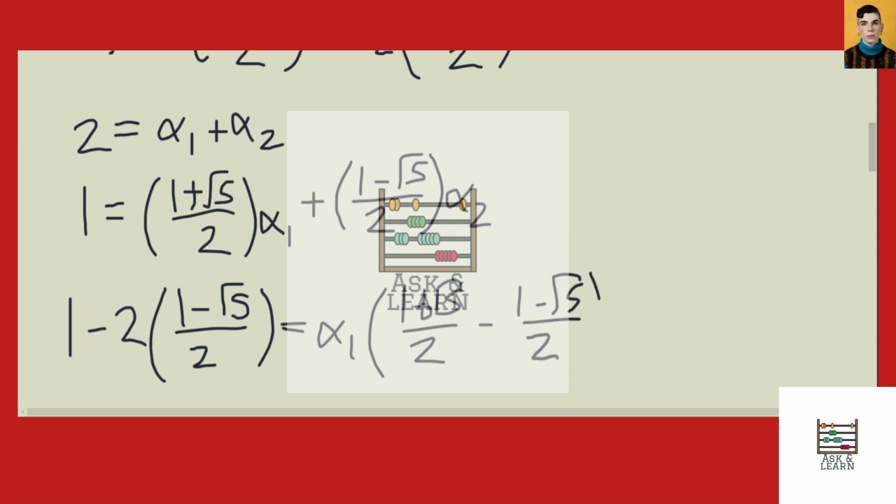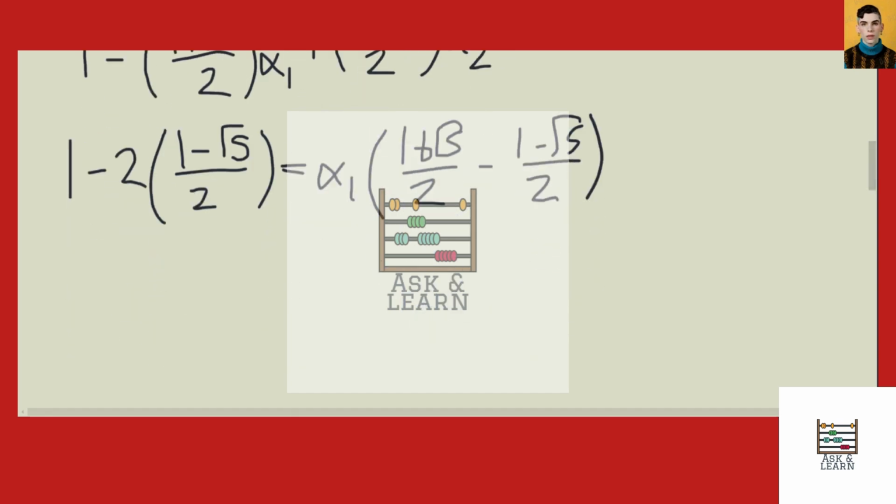And so on the left-hand side, this is equal to 1 minus (1 minus root 5), which is simply root 5. And on the right-hand side, we have root 5 minus negative root 5 is 2 root 5 over 2, so alpha_1 root 5, so that alpha_1 is simply equal to 1. And by back substitution, we have that alpha_2 is equal to 1.